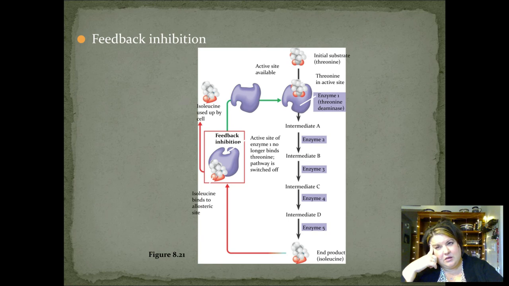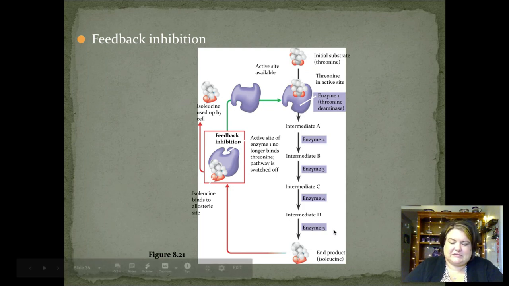This is like when we talked about operons. Like when you're making tryptophan, all of a sudden you eat it, it shuts off the mechanism that makes it. Okay, so this is a great example of a negative feedback loop. And again, we're trying to save ATP. So why should that enzyme be catalyzing the reaction when you don't need to make any more of this end product, this isoleucine?